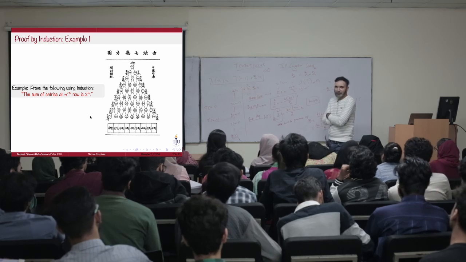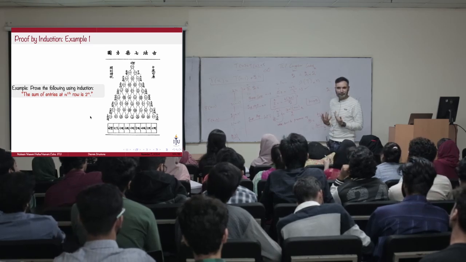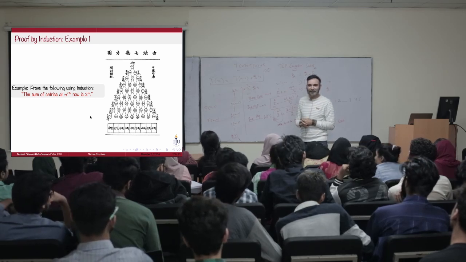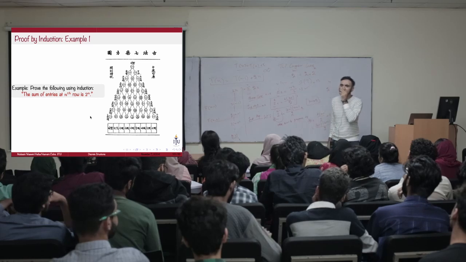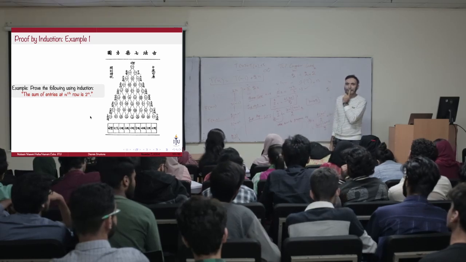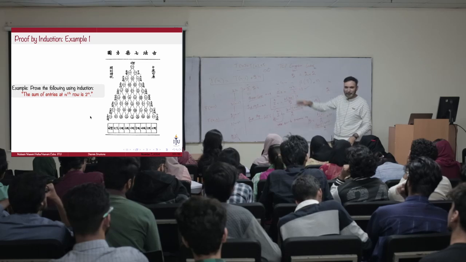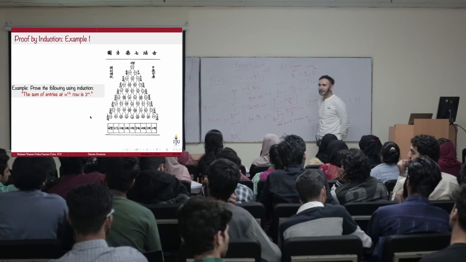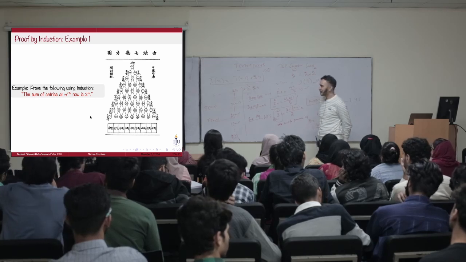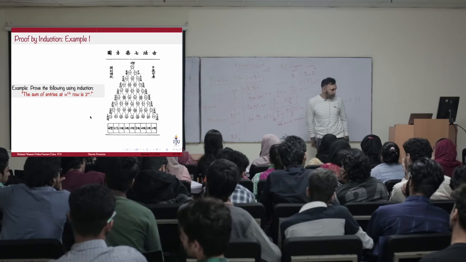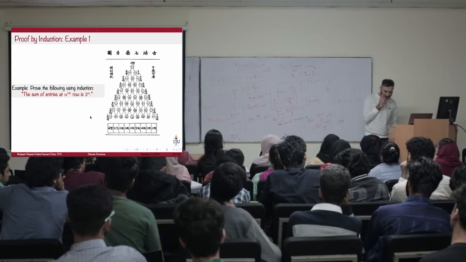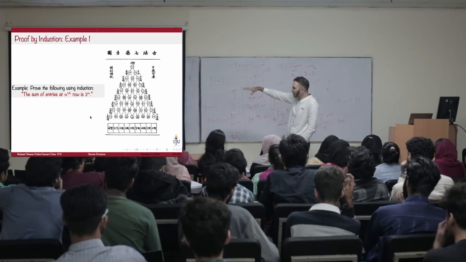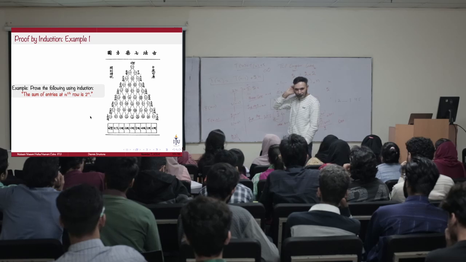That's what we have to prove. How do we prove that? How do we prove this? This diagram should kind of give you something. It's nice that it's written in Chinese because you don't actually need to know the numbers to prove the statement.